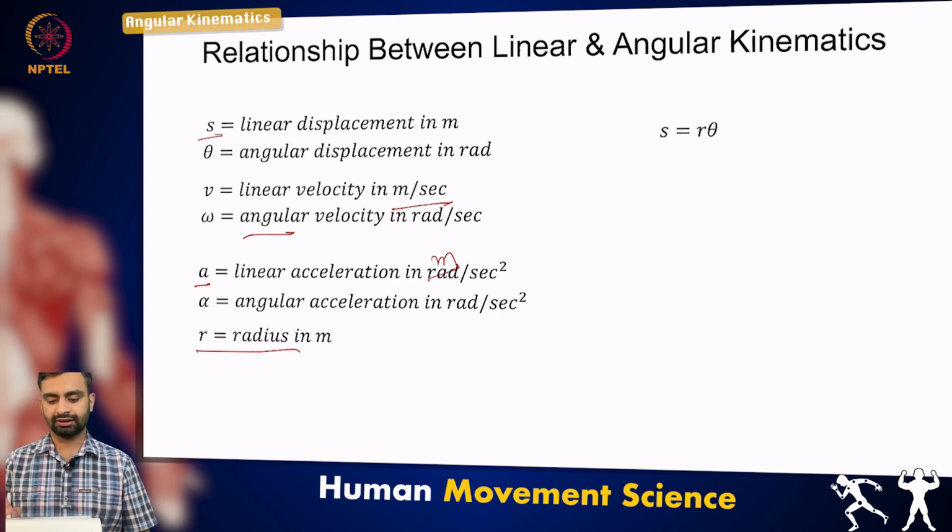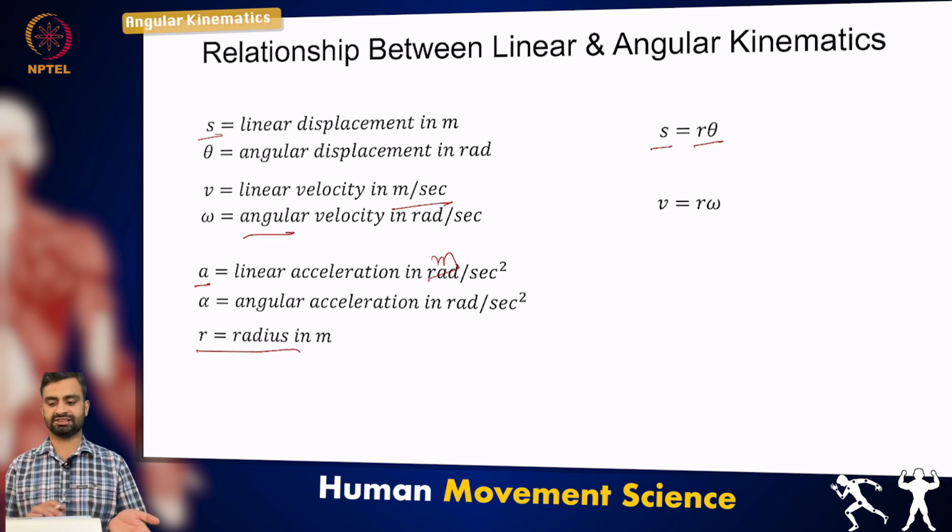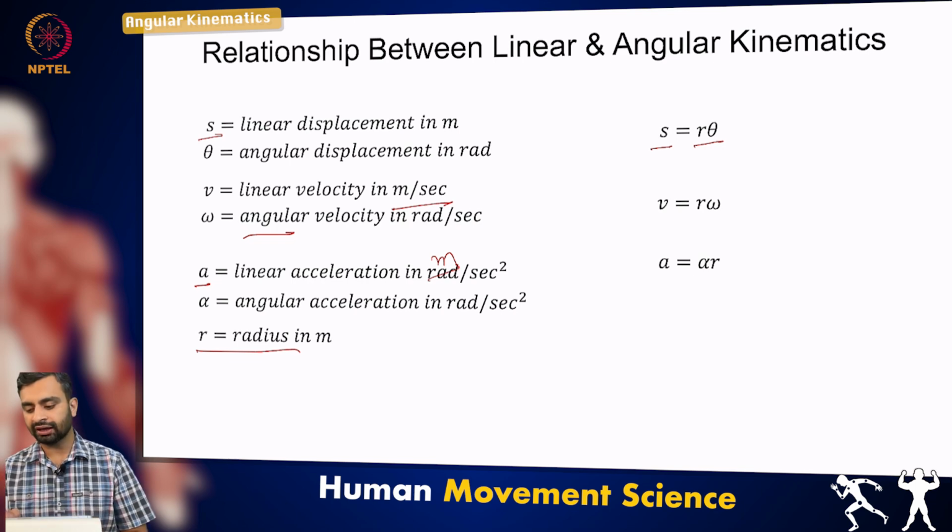So linear displacement is nothing but radius times angular displacement. Similarly, linear velocity is radius times angular velocity, and linear acceleration is radius times your angular acceleration.